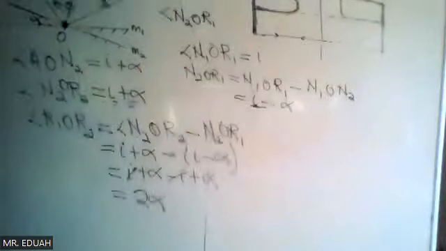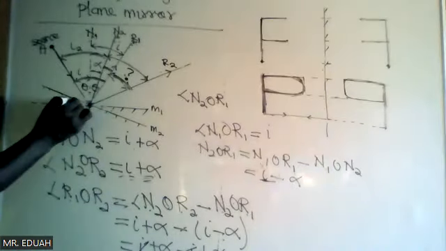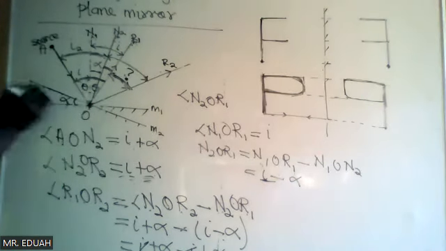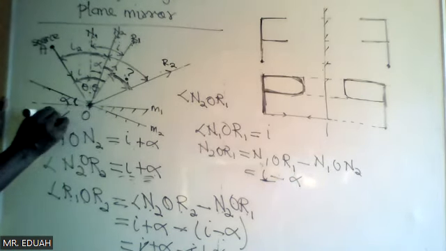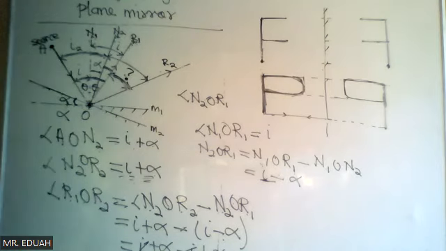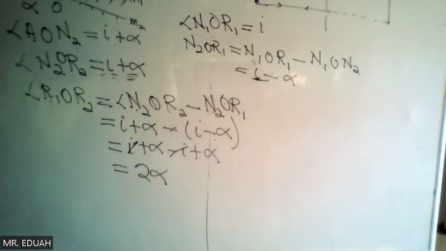Now, what does it mean? Alpha is the angle of rotation of the mirror. So we initially rotated the mirror through an angle alpha. We've proven that whenever you rotate a plane mirror, its effect on the reflected ray is equal to 2 times the angle of rotation.